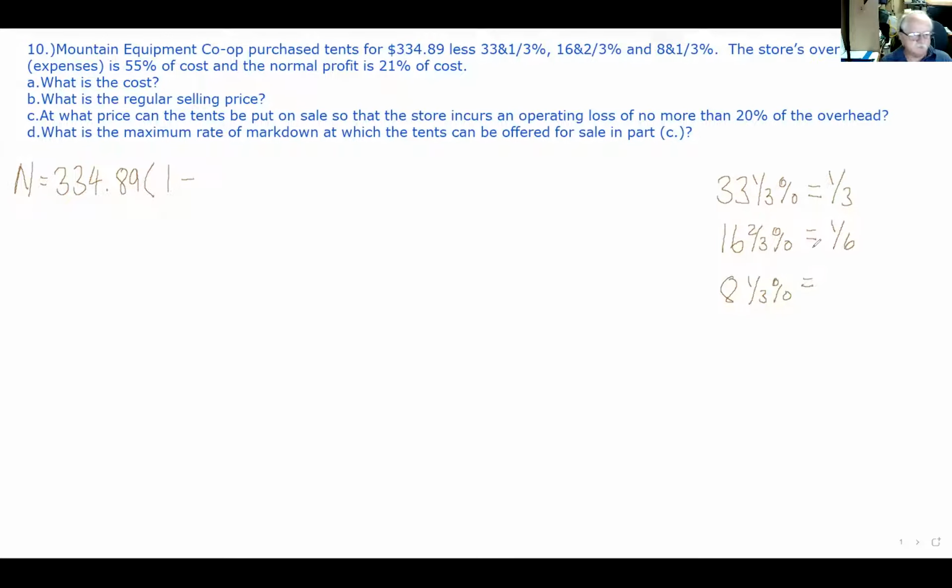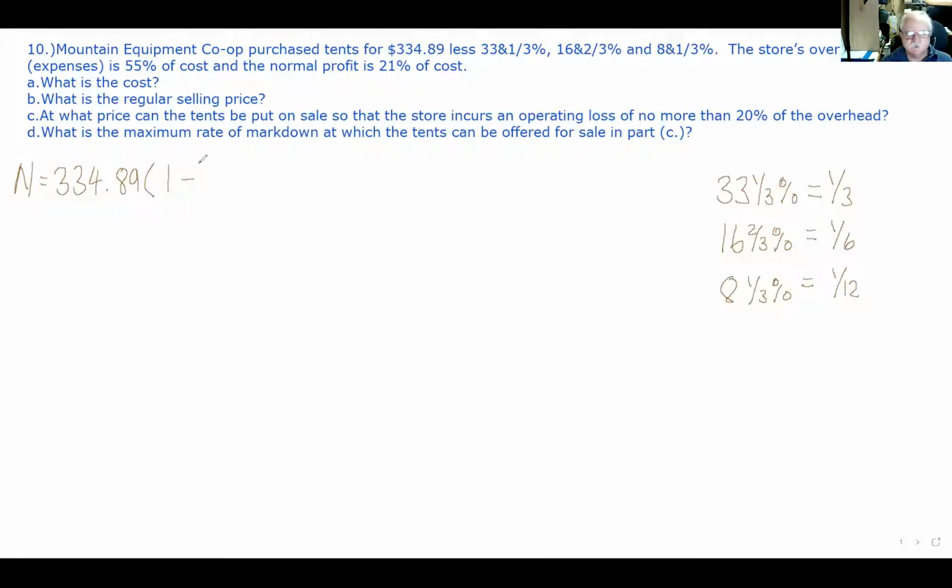What is that really equal to? One over 12.